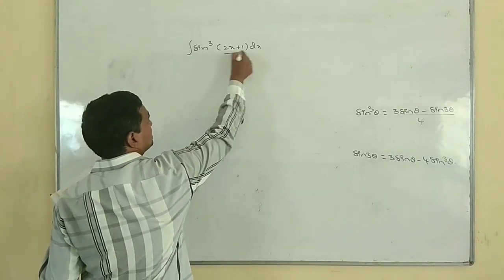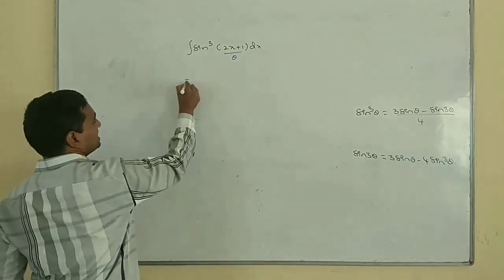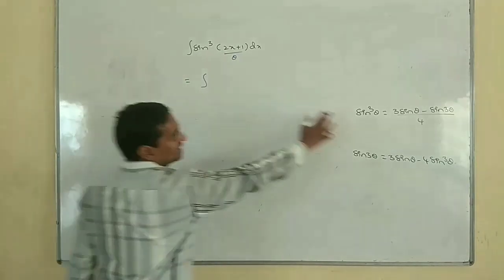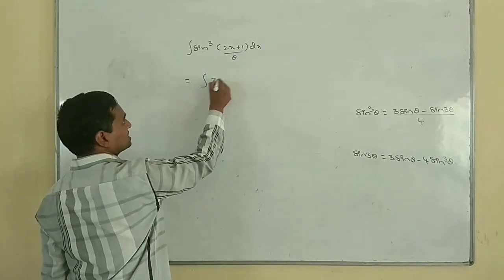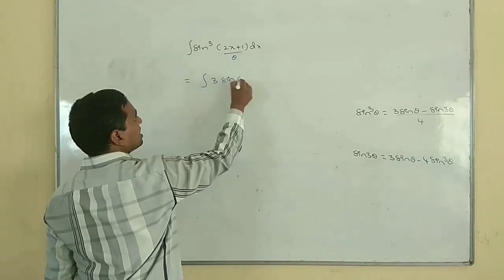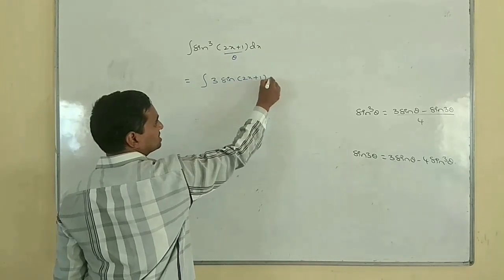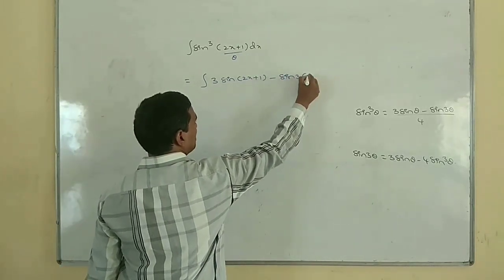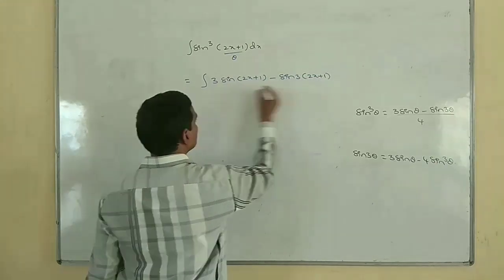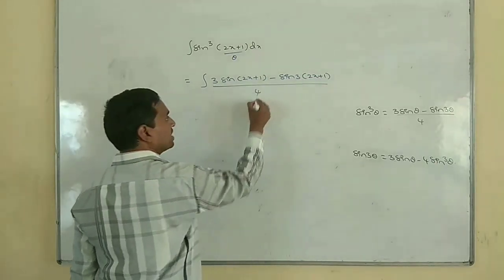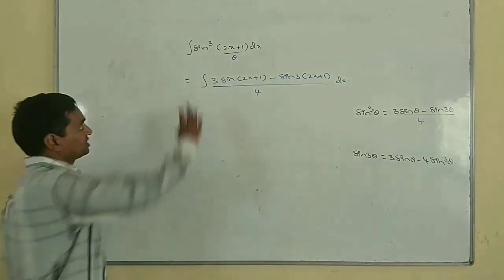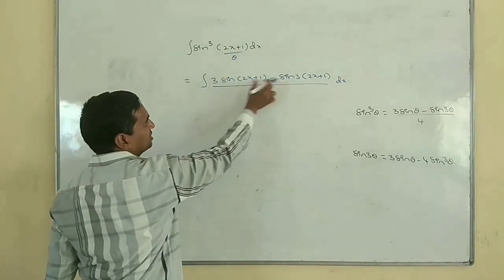Then integration of sin cube theta is 3 sin of 2x plus 1 minus sin of 3 into 2x plus 1, totally whole divided by 4 dx. The cube is converted to multiple angle.